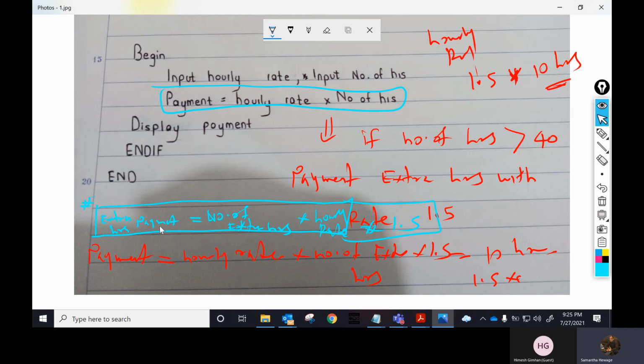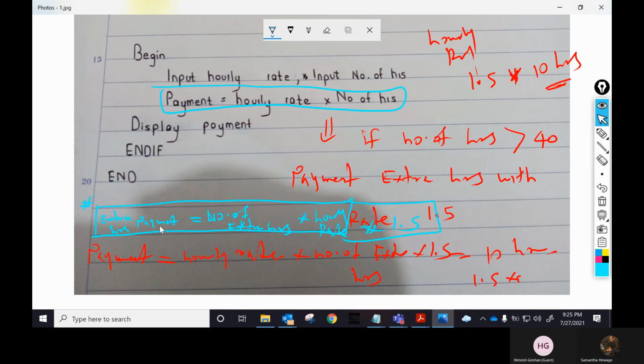Then extra hours would be 10 hours. For the 10 hours, the rate is 1.5. Then 10 hours into hourly rate into 1.5, that is my payment for the extra 10 hours. Then you have to add the extra payment for the 10 hours plus the general payment for the 40 hours. That is my total payment.